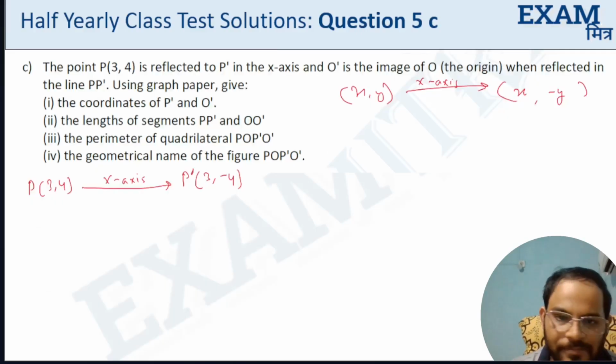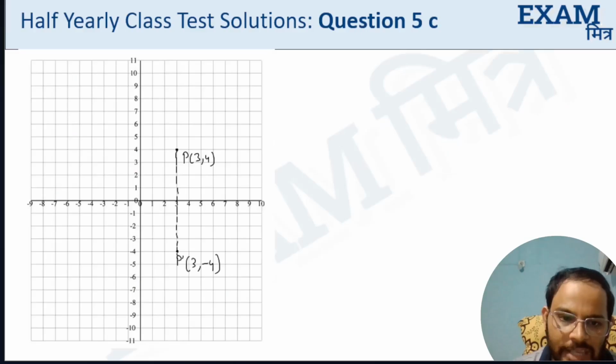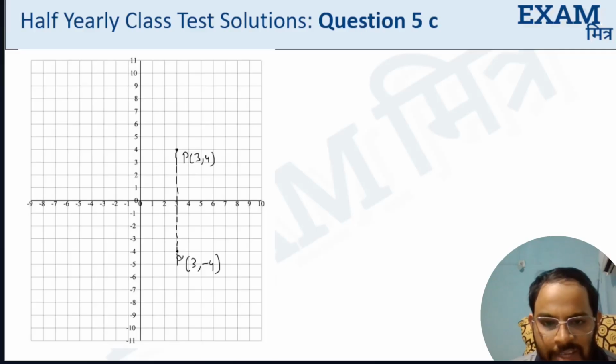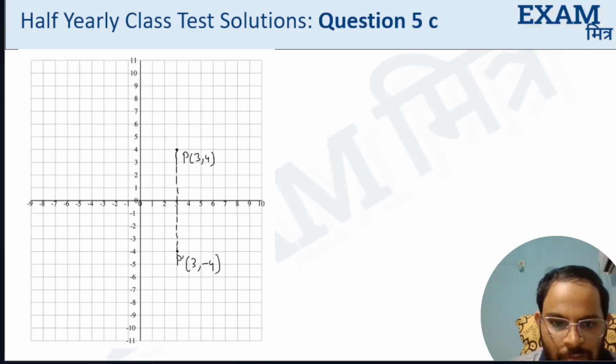Now it is saying that O dash is the image of O, that is the origin, when reflected in the line P dash. That means if we reflect this origin in P dash, where will it go to? Now see, this is very easy to observe. The perpendicular distance of this O from this line is 3 units. So 1, 2, 3.